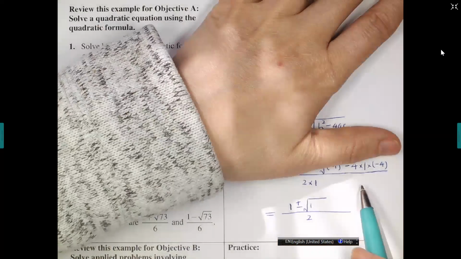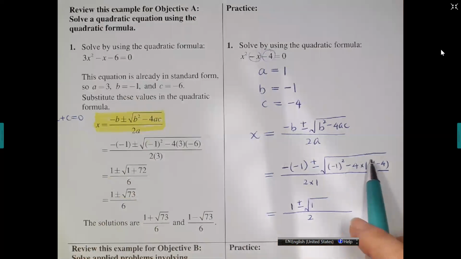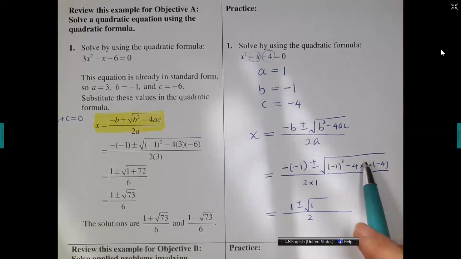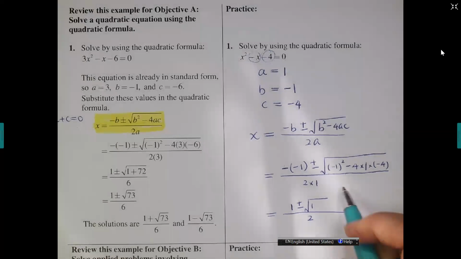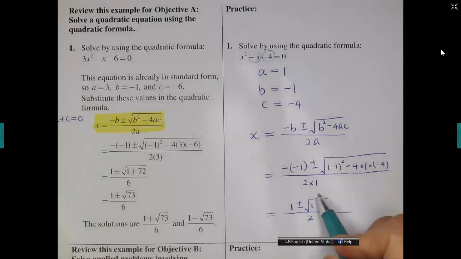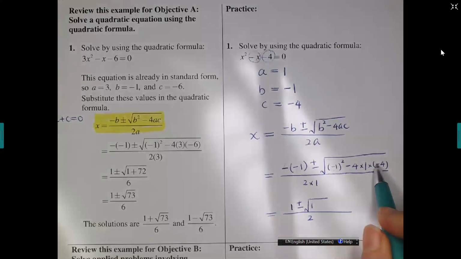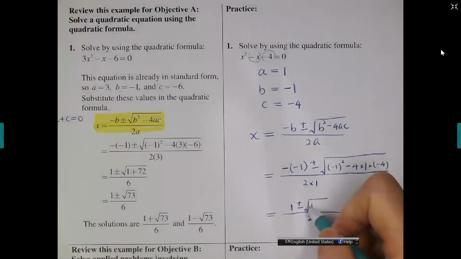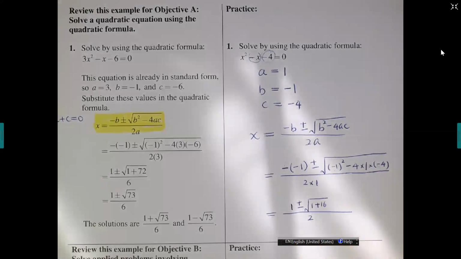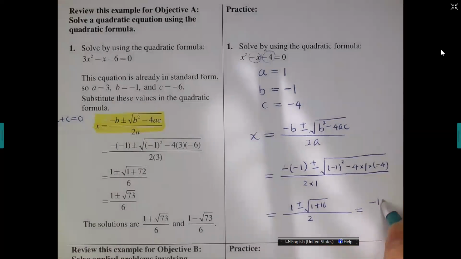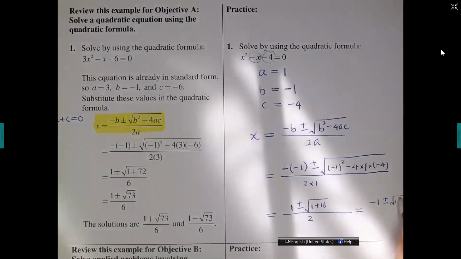Inside the radical we see a mixed operation: parentheses, exponents, multiplication, division, and lastly addition and subtraction. So we do the square term, and then the multiplication: negative 4 times 1 times negative 4, negative negative turns into positive, so plus 16. 1 plus 16 equals 17. So that's negative 1 plus or minus the square root of 17, over 2.